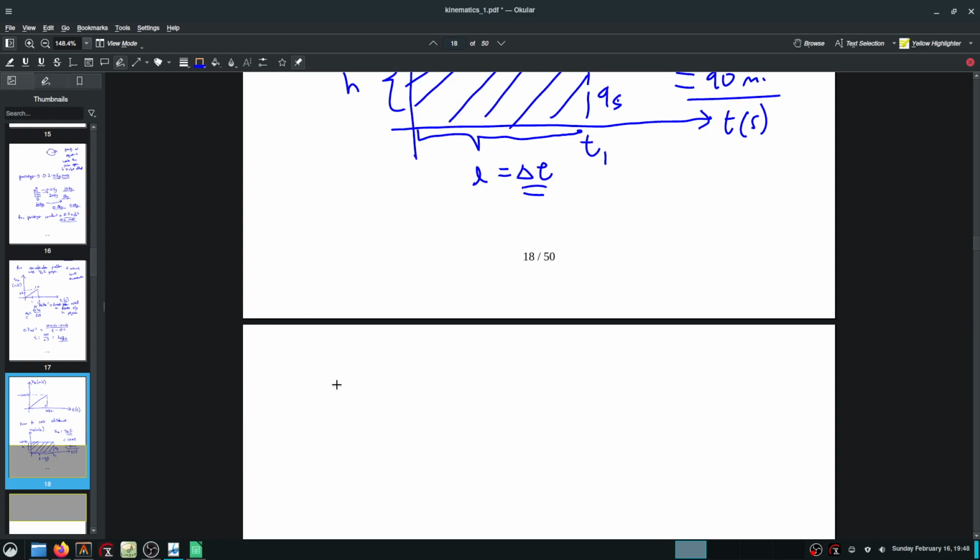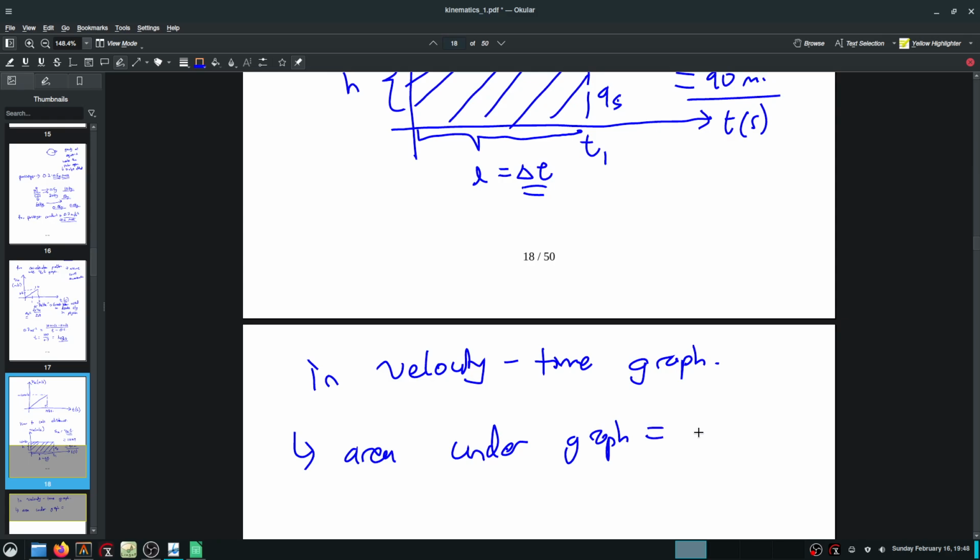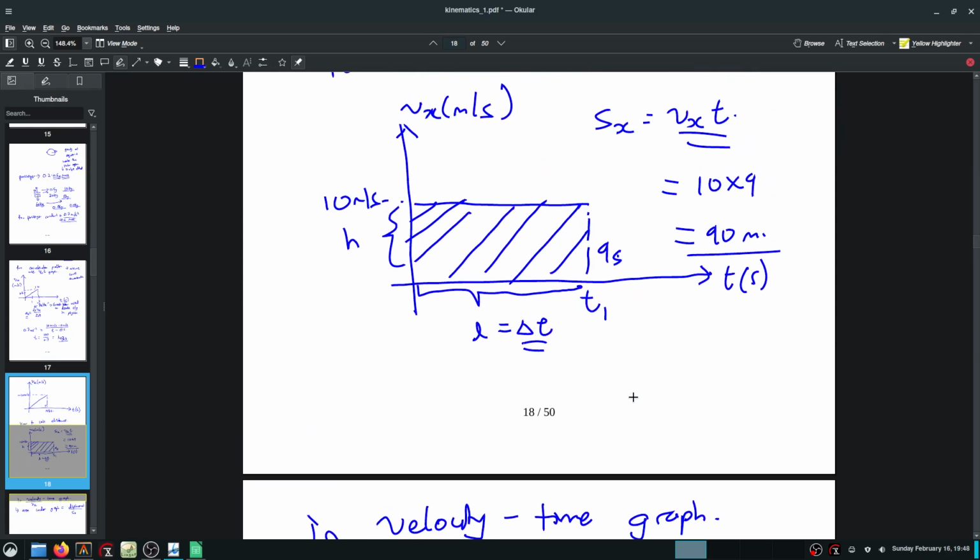So the key note in a velocity-time graph, and this is important: the area under the graph equals the distance traveled, or displacement. In this velocity, I'm specifically taking the x component, so the area under the graph will be the displacement in the x direction. Both of them must be in the same direction.